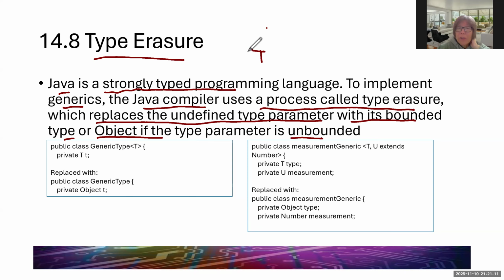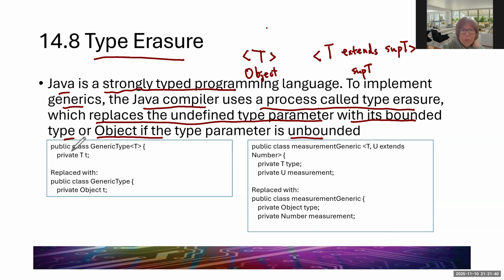So if it is just this T, then it will be replaced with Object. And if it is T extends a super type, then it will be replaced with that super type. So here it gives us an example.